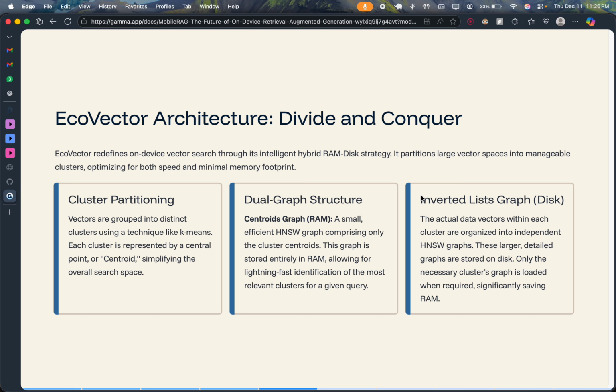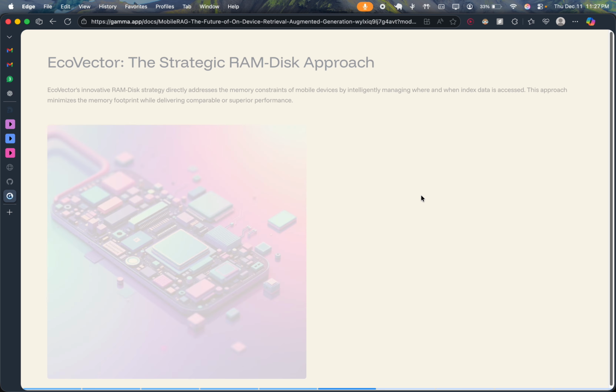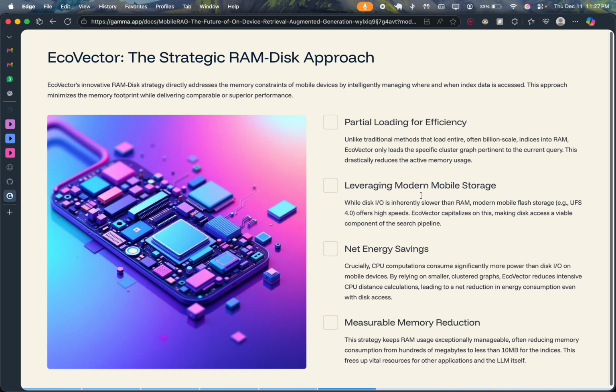And then the inverted list graphs: the actual data search within each cluster is organized into an independent HNSW graph, and these larger detailed graphs are stored on disk, so only the necessary clusters are loaded when required, significantly saving RAM. So this is how it works.